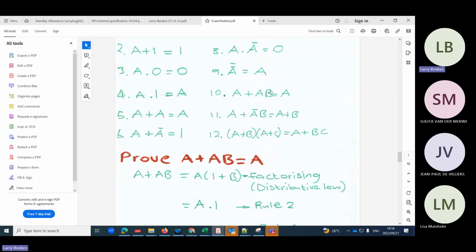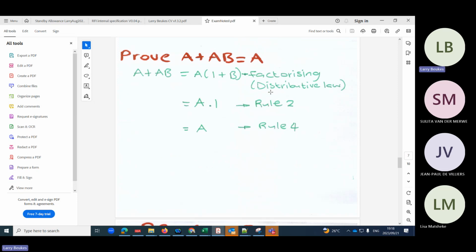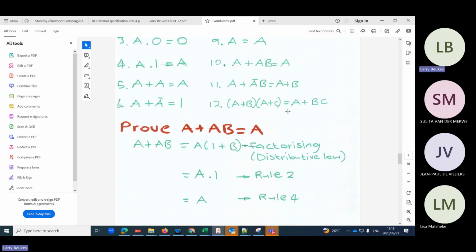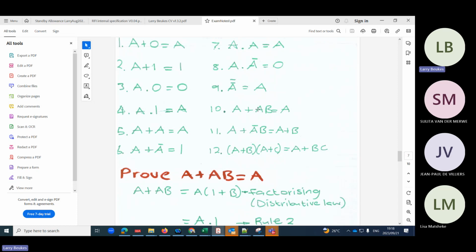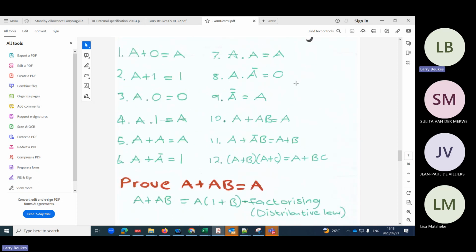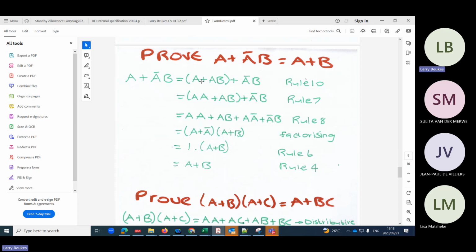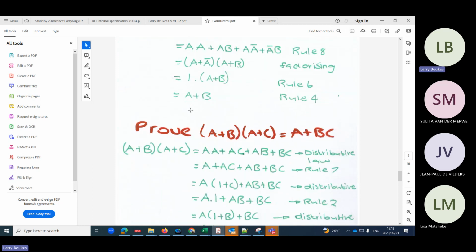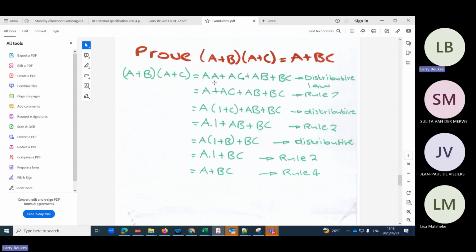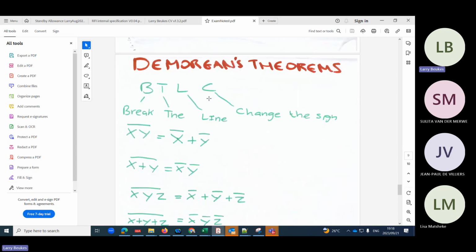A, they took it from this one. So now, this is what we just proved, right? A plus AB by taking out this, we know that it's A, which is the first thing that we did. They just worked in reverse order, right? Reverse order. Okay, let's leave that one. But it's basically what we just did there. Let's leave that one. It's not a good example. Yeah, which one is a good example?